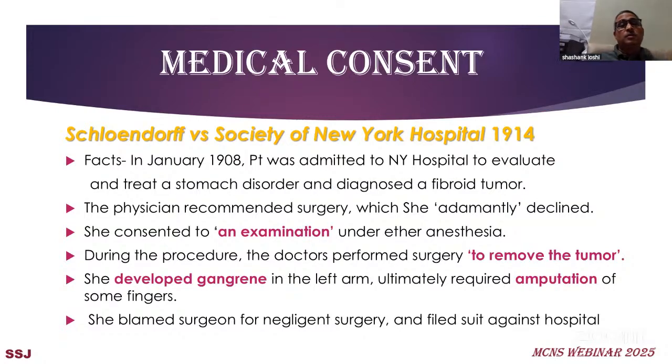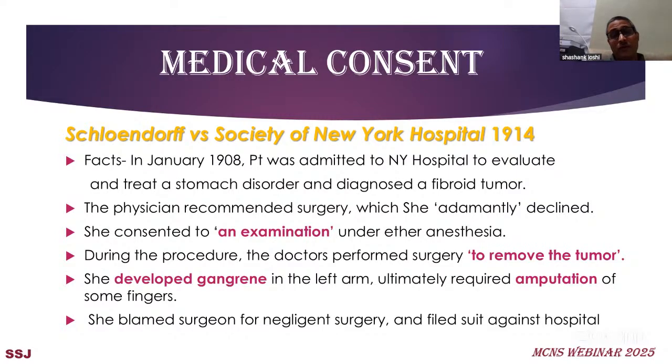Schloendorff versus Society of New York Hospital. This was a case almost 110 years back, where the patient was admitted to the hospital to evaluate stomach pain and was diagnosed to have a fibroid tumor. The physician recommended surgery, which the patient declined.